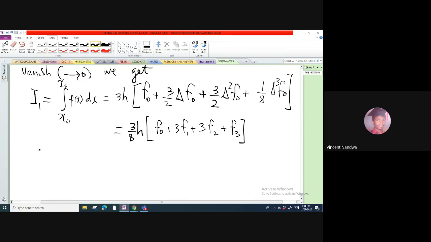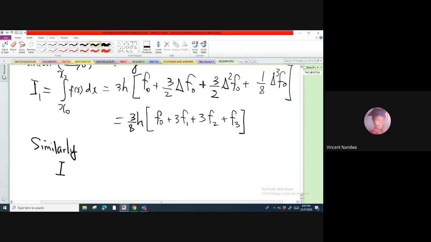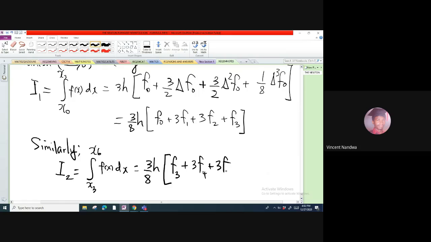So similarly, I2 will be given by the integral from x3 to x6, and when you do the simplification, you get 3/8 h into f3 plus 3f4 plus 3f5 plus f6.